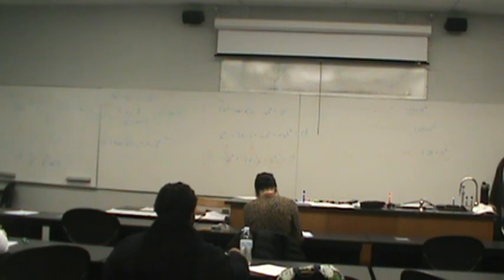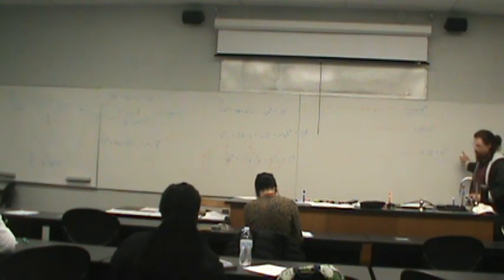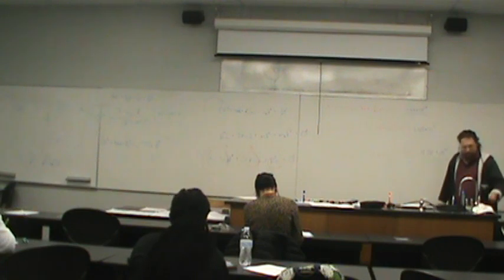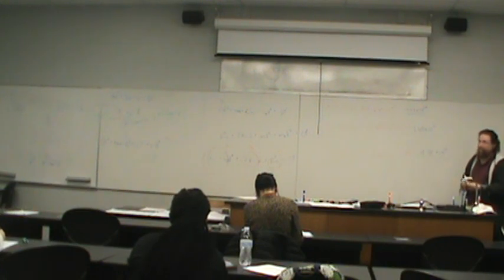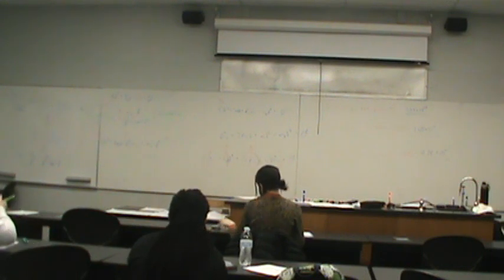I'm now officially out of board, at least out of front board. So I'm going to put the next line on the sideboard, just to get you guys started on it.